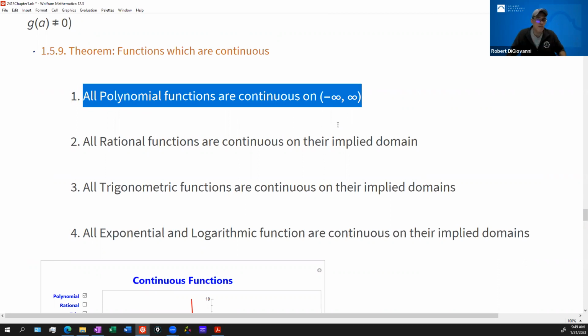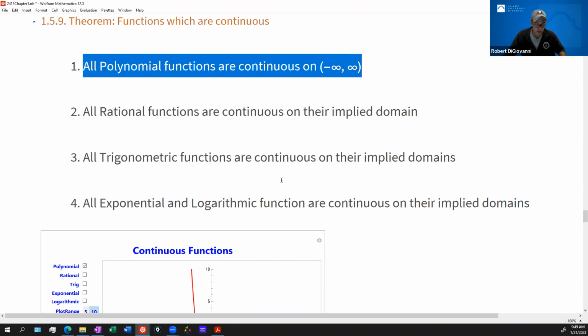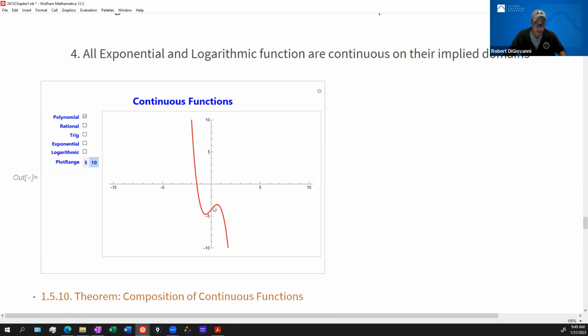All of those, you never had to worry about picking up your pencil. You could just draw it. So this theorem says, yeah, as you would expect, all polynomial functions are continuous. So there's an example of a polynomial function. And of course, it keeps going up to the left and keeps going down to the right. Go to any point on that graph and you are continuous.